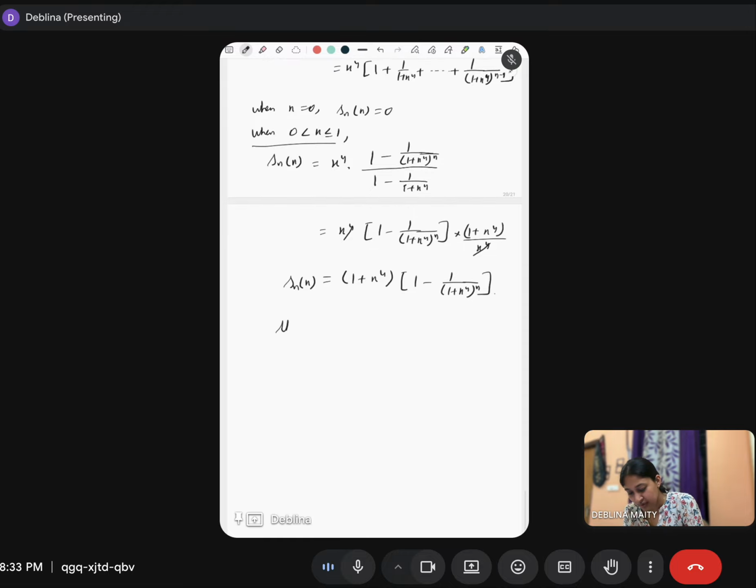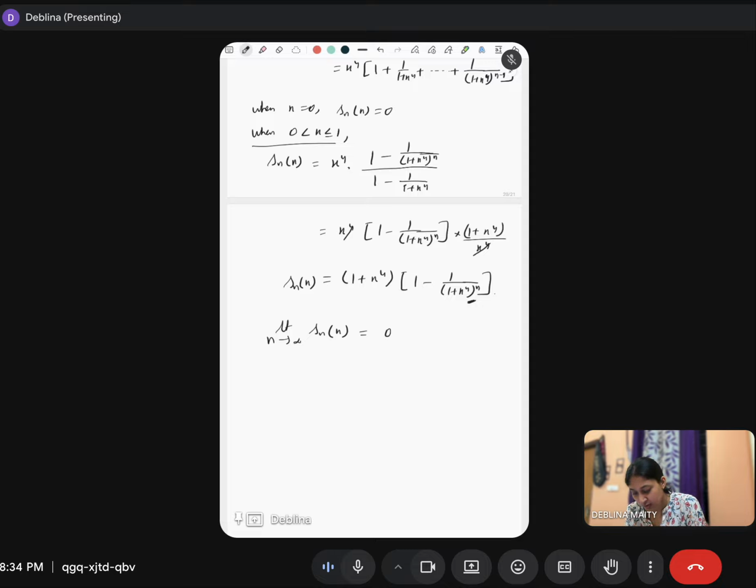Now if we tend n to infinity, we will get what? This term will go to 0, right, when n goes to infinity.